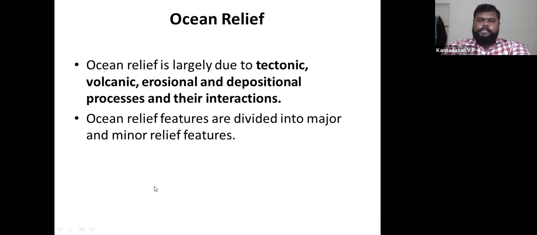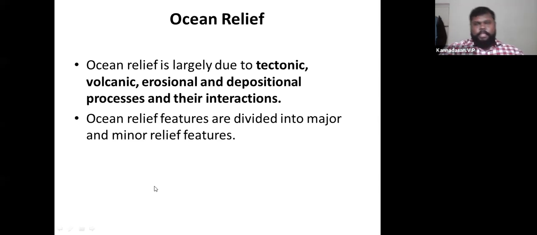Underwater mountains. A mid-oceanic ridge is not simply an underwater mountain. Magma eruption. Divergent plate boundary. Good. So the majority of the ocean reliefs are created by tectonic processes, the plate tectonics.